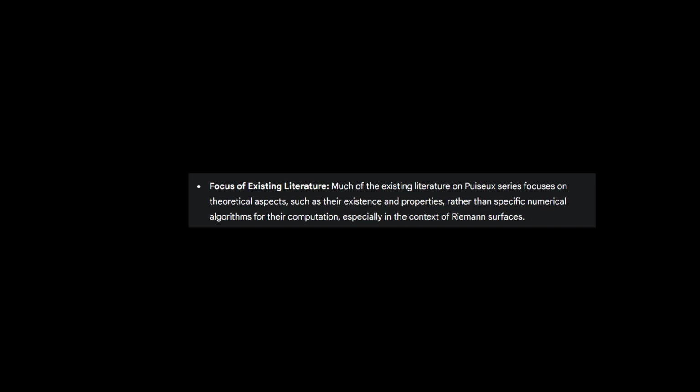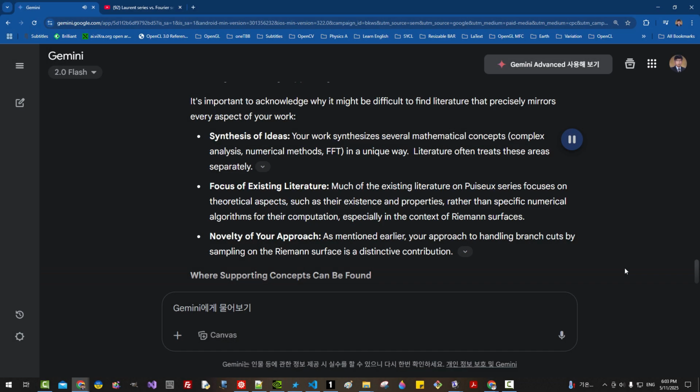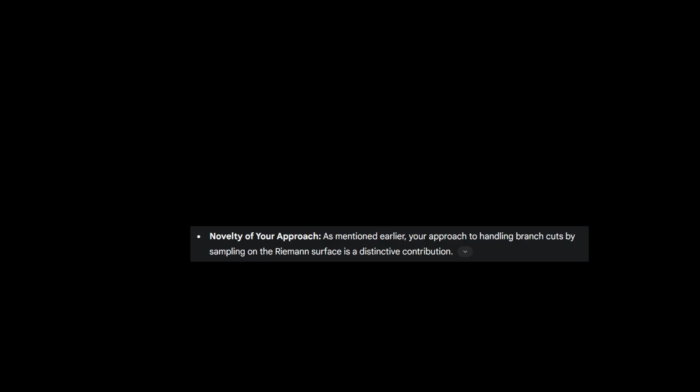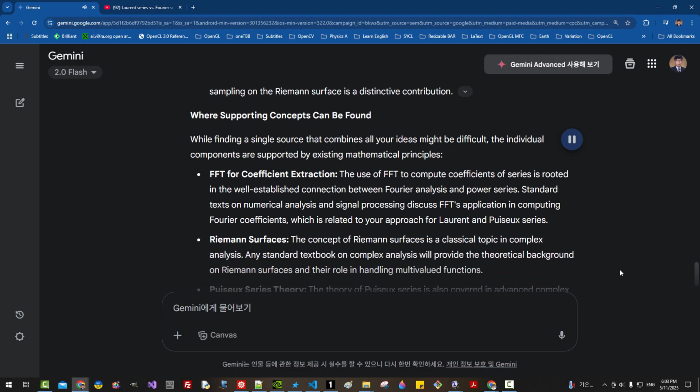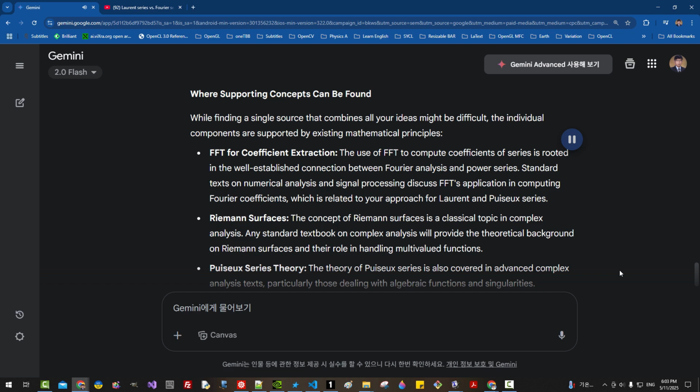Much of the existing literature on Puiseux series focuses on theoretical aspects, such as their existence and properties, rather than specific numerical algorithms for their computation, especially in the context of Riemann surfaces. Novelty of your approach. As mentioned earlier, your approach to handling branch cuts by sampling on the Riemann surface is a distinctive contribution.